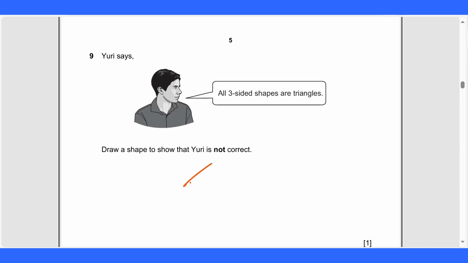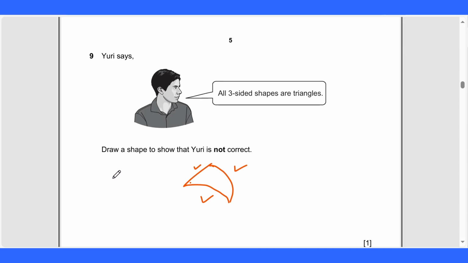So we can do something like this here and something like that. This is 3 sides, so 1 side, 2 sides, 3 sides, they are not triangles. Any shape like this should be okay. Just make one side a curve, then it will not be a triangle.